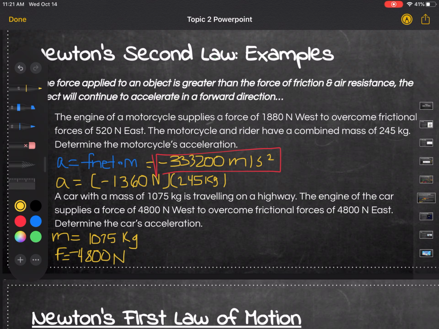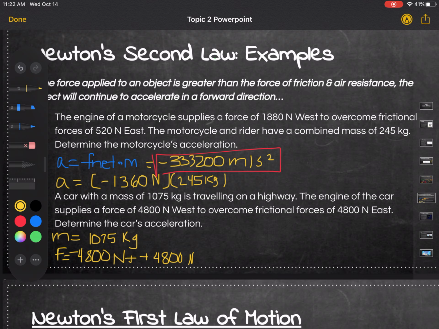To overcome a frictional force, so another force, I'm just going to add them because it's another force, is 4,800 newtons east. So that's a positive 4,800 newtons. Determine the car's acceleration.